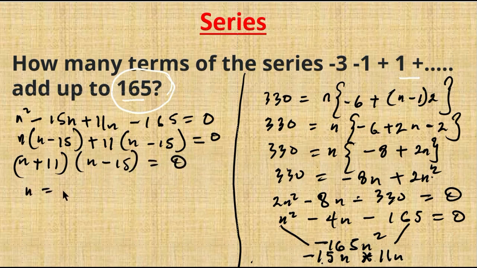Invariably, n is equal to -11 and n is equal to 15. Now, given that n is equal to -11, we know this cannot exist. So this is not the correct answer. But we have n equal to 15, so we can pick this because n can be equal to 15. So the sum of the first 15 terms of this particular series will amount to 165.